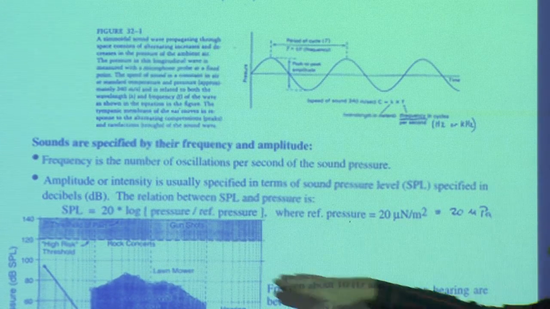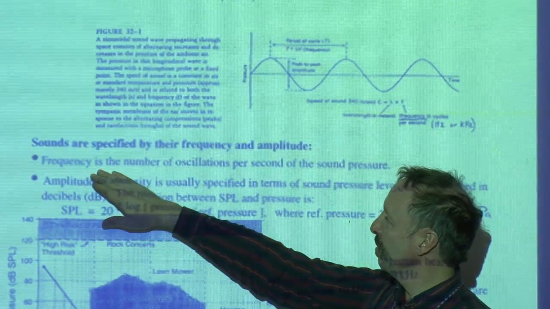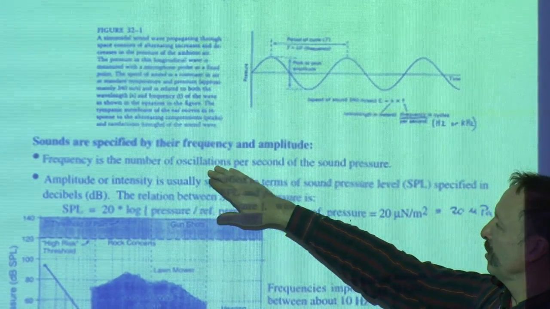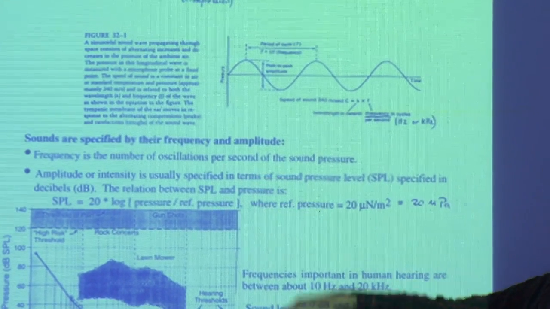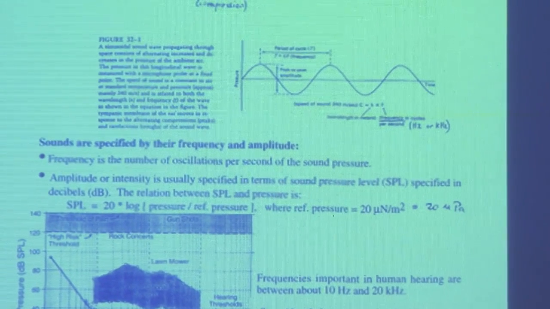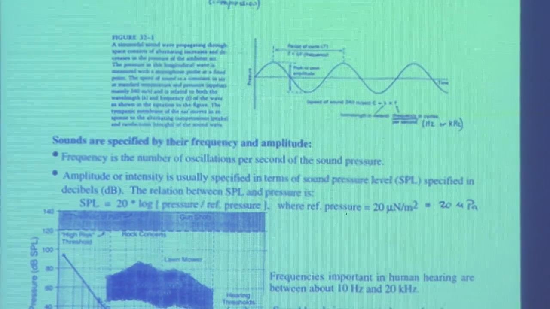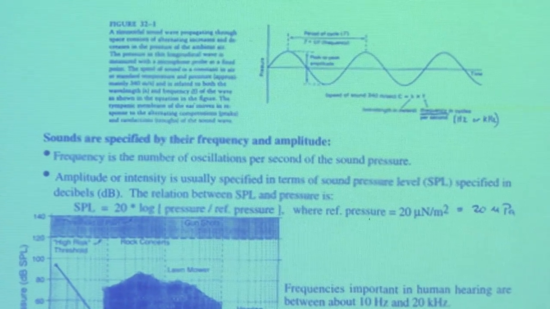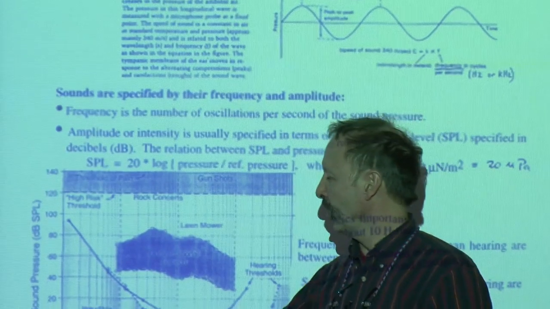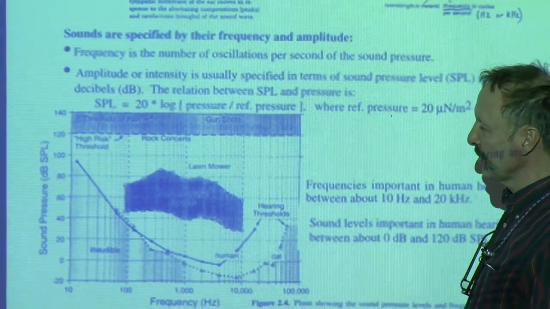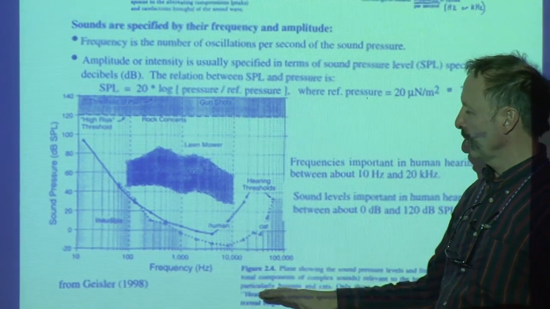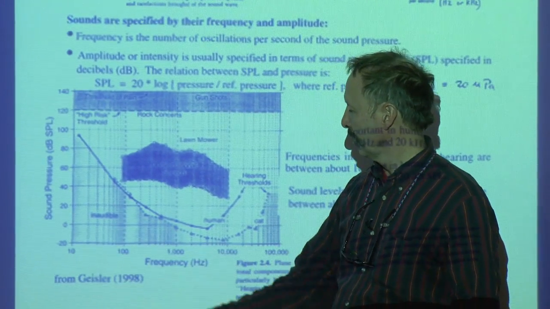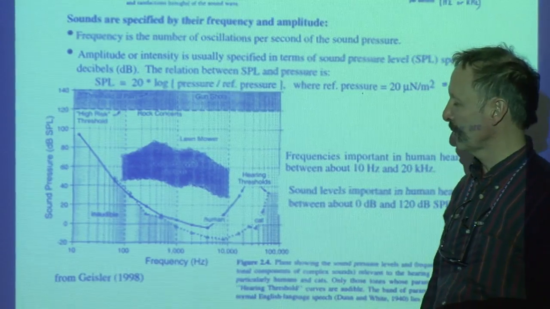In fact, what we call sound frequency is the number of oscillations of that pressure wave per second. And they are very fast. As you can see down here on this so-called audiogram or frequency curve for human hearing, the frequencies, which are on the x-axis here, go from 10 hertz.